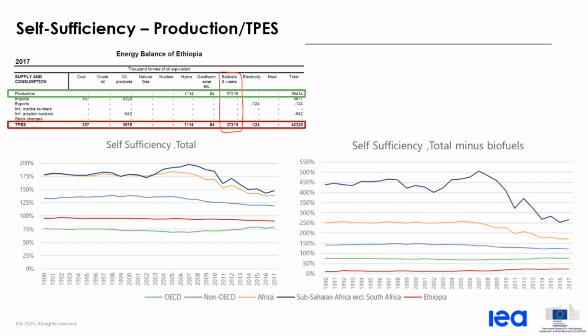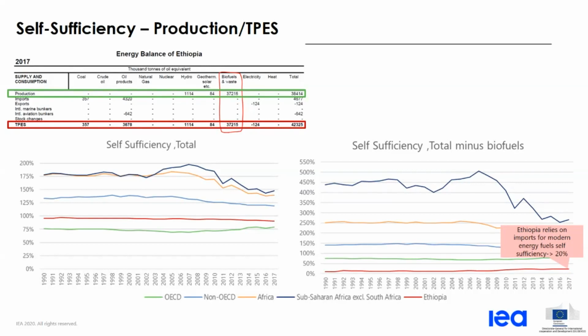If you do that, actually Ethiopia from 100% self-sufficiency will become only 20% self-sufficient. So it means that Ethiopia, if we exclude the traditional use of biomass, provides itself of the energy that it consumes only by the 20%. And this is mainly because of hydroelectricity production. If we also remove hydroelectricity from this figure, Ethiopia is not able to provide for its own energy.